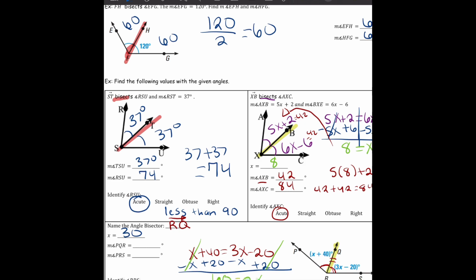So if x is 30, then PQR, I'm going to plug it over here, is 30 plus 40, which is 70. So 70 degrees. If that side is 70, then QRS is also 70. So PRS is 70 plus 70, which is 140. PRS is obtuse because it's greater than 90.